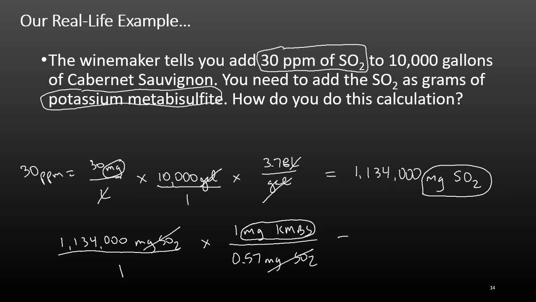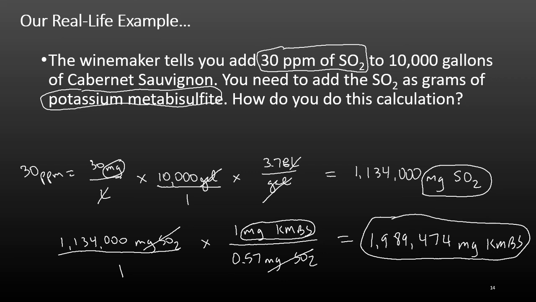So now if I just do the math, I take 1,134,000 divided by 0.57, and that equals 1,989,474 milligrams of KMBS. All right, so those are the milligrams I'm going to add. And you could convert that to grams or even kilograms if you want, but we won't do that today.